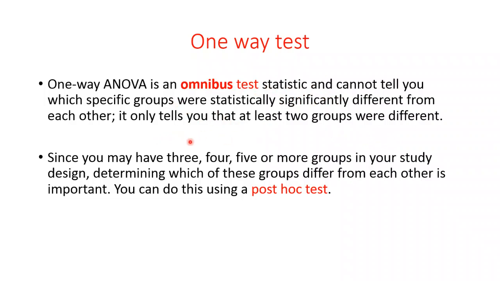To determine which specific group or which mean was different from the others, we use another test which is known as the post hoc test, and I think it is also called two-way ANOVA. So then we use another test which is outside the scope of this lecture and this module.